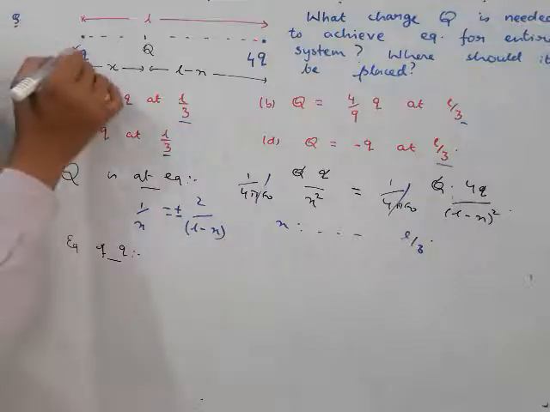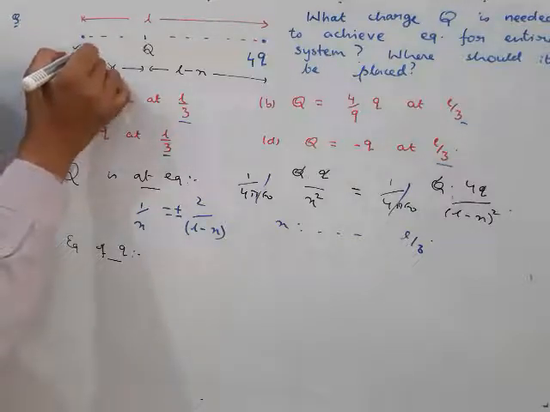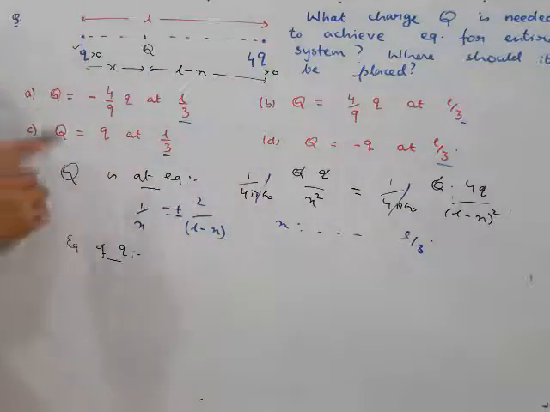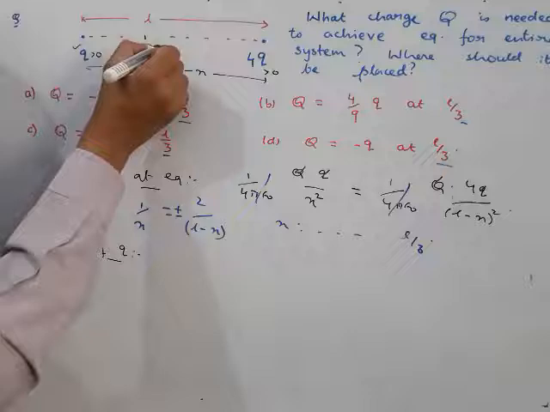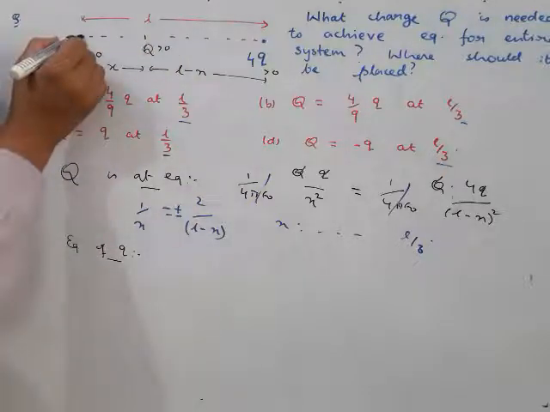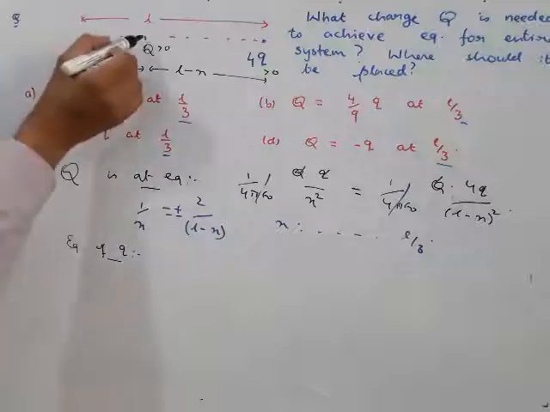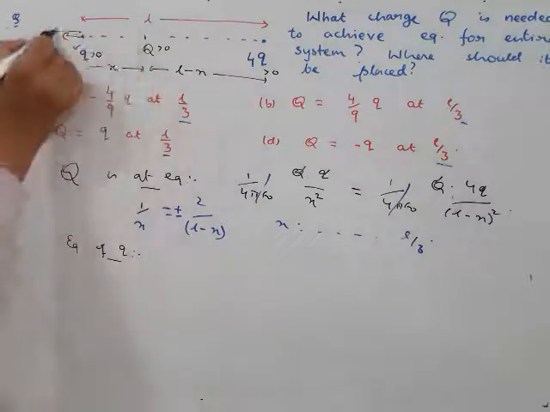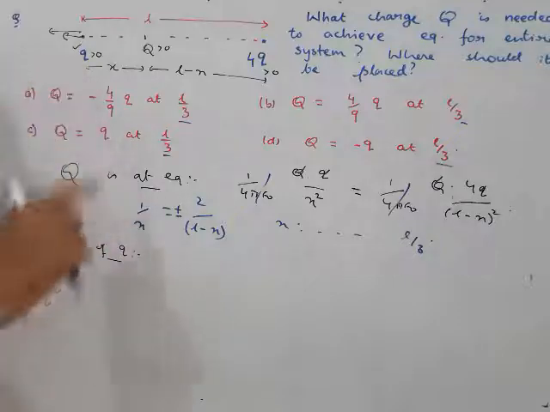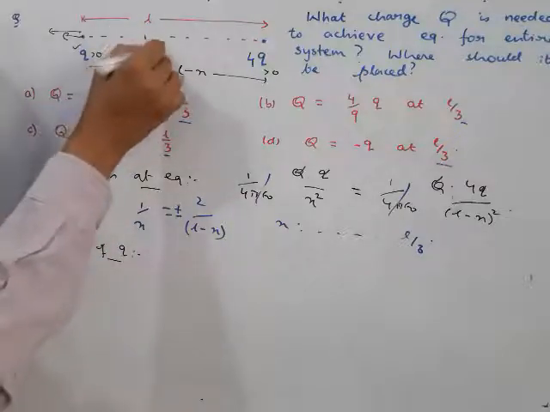Now think, suppose this q is positive, suppose this 4q is also positive. If capital Q happens to be positive, then all the charges will repel each other. This charge can never be at equilibrium because this will repel in this direction, this will also repel in the same direction. So in order that this small q be at equilibrium, this charge must be negative.